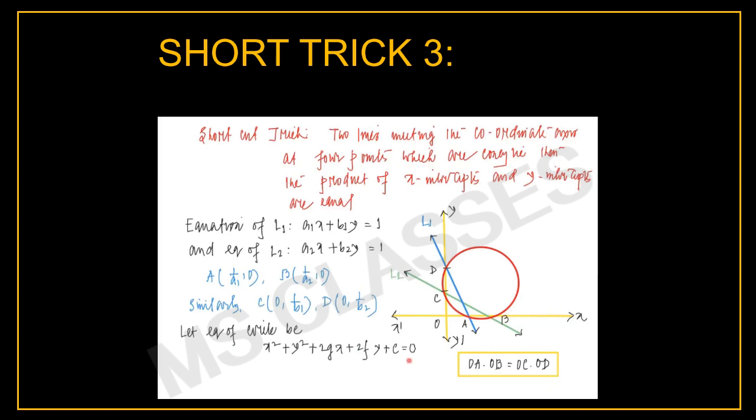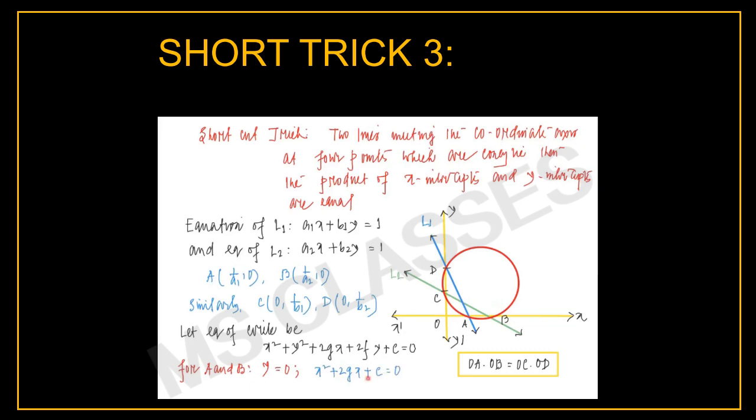Now for the points A and B, y should be 0. Now when y is 0, what we get? x square plus 2gx plus c equal to 0. We get a quadratic equation.